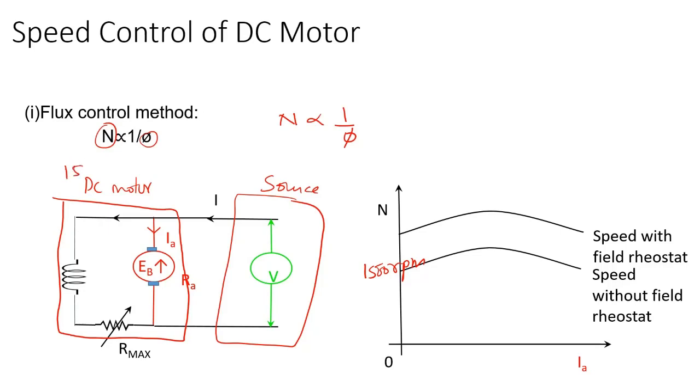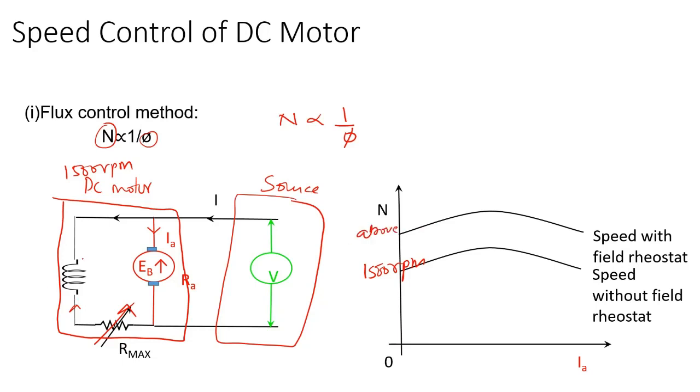I'm considering a DC motor, giving an input to it, and trying to vary this resistance so that the flow of current in this circuit is controlled. As a result, I can control the speed above the rated speed.